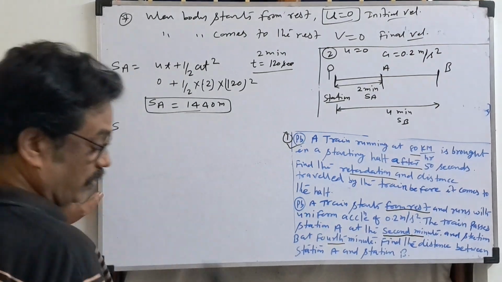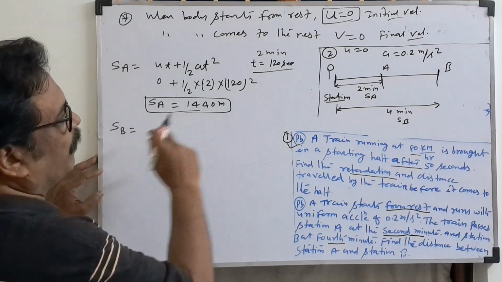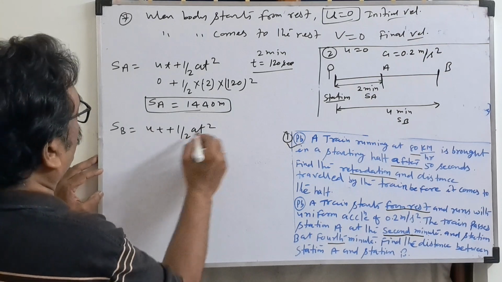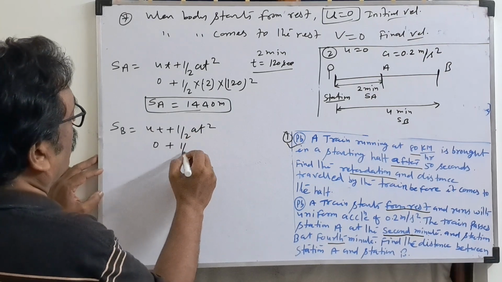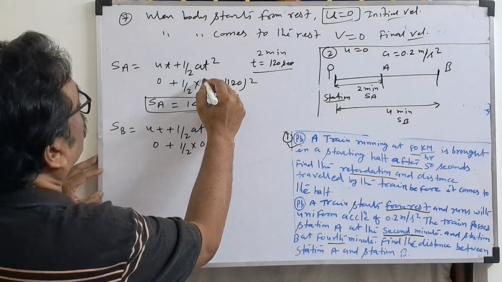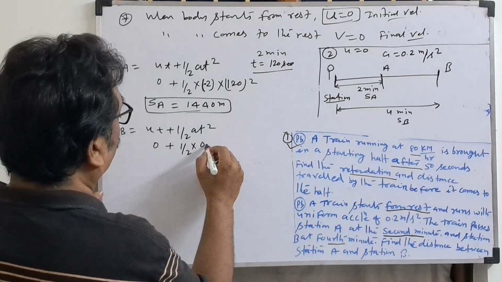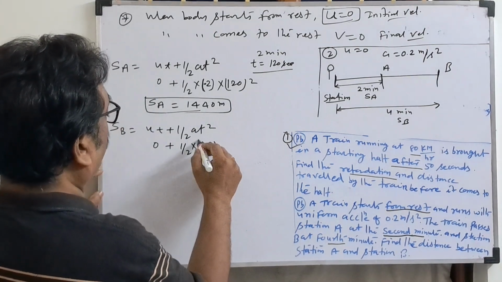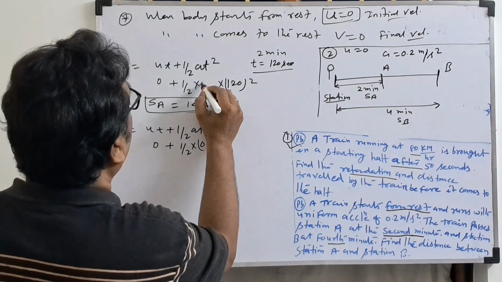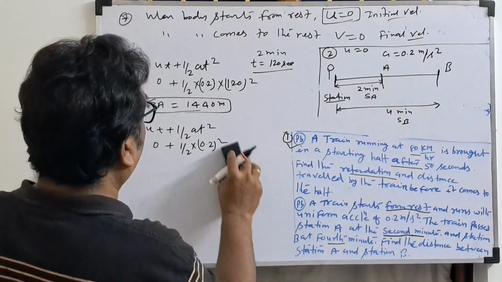Now from P to station B, they started from P and they will cross B. So what is the distance traveled from P to B? Again UT plus half AT square. Initial velocity 0, plus half into acceleration 0.2, into t square.